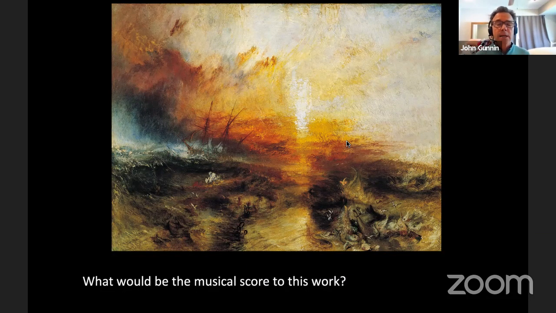I always like to ask students, if this was a movie, what would be the score? Because the way the artist slants the horizon line, you feel like you're at sea with the swells rolling the boat, as if you're almost on another boat looking at this situation.